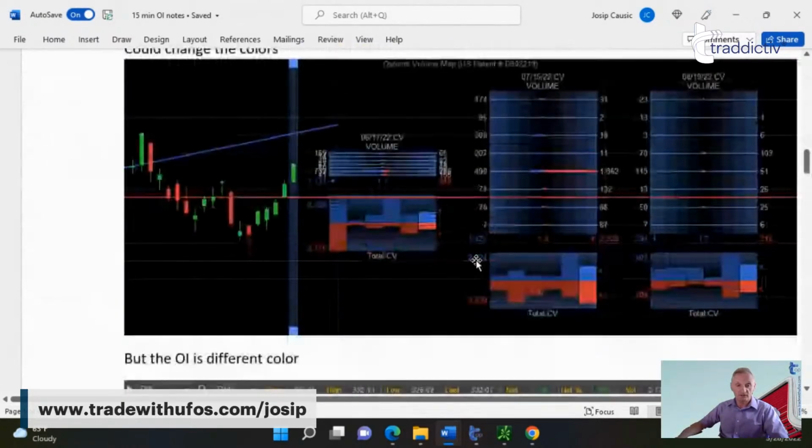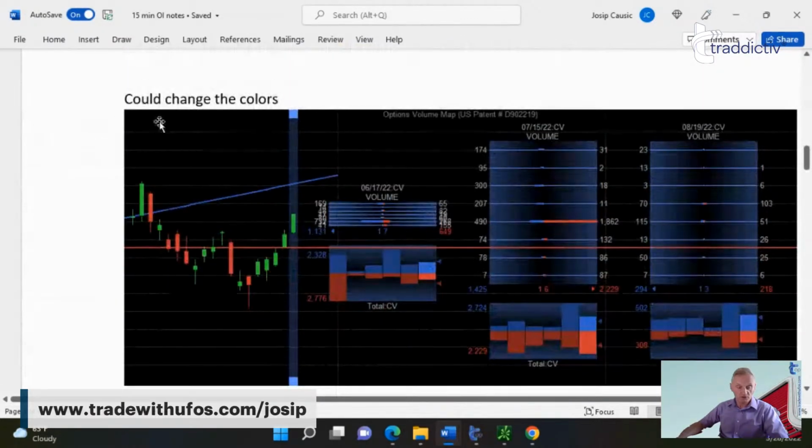Here I have taken a snapshot from a diamond just before I started the session. Because I'm looking at the volume, the calls are in blue. And over here there's huge volume activity on the put side, which is 1,862 contracts.